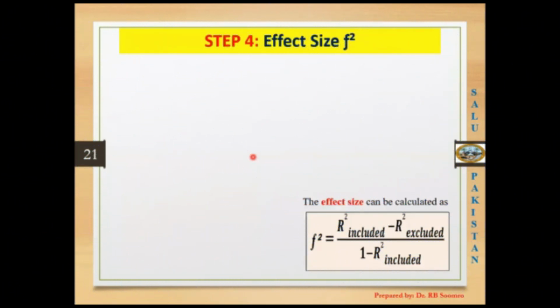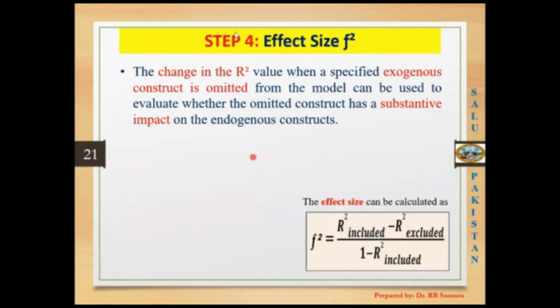Then another is the effect size, the change in R square. Now, you know that R square is the combined effect of all independent variables on the dependent variable. So whenever you reduce or eliminate one independent variable from the model, R square will definitely be reduced. When the R square is reduced, this is called the effect size, or the F square.